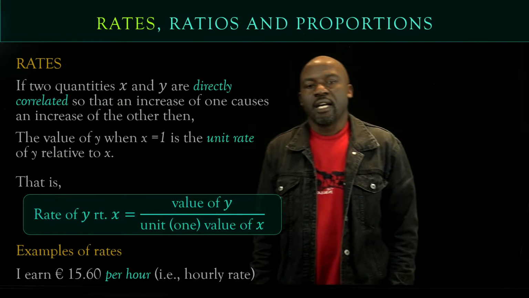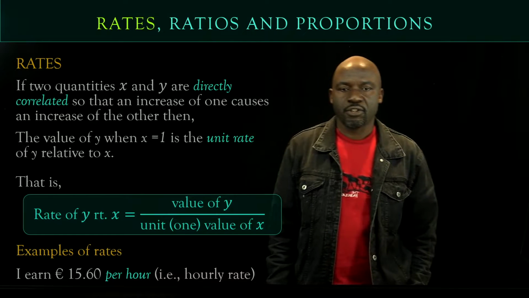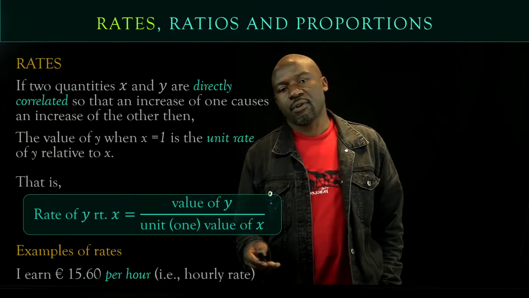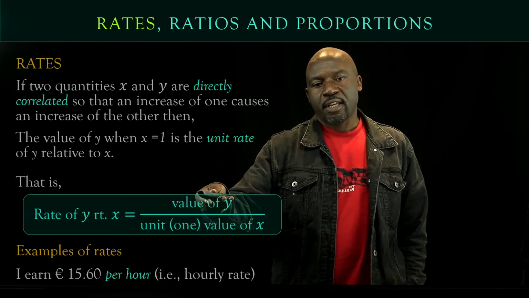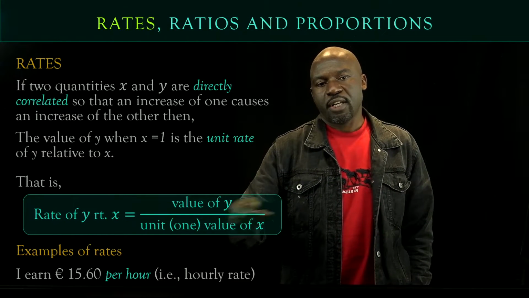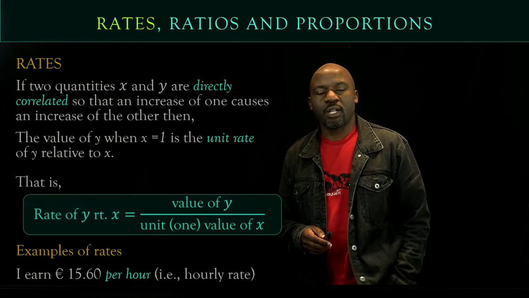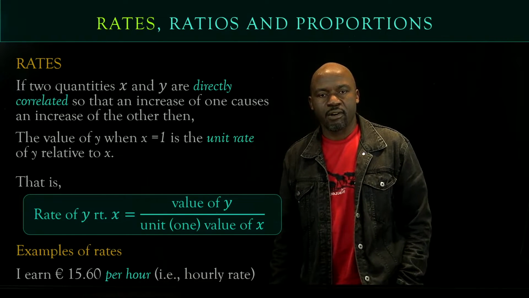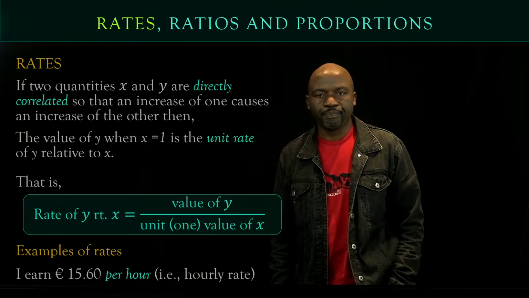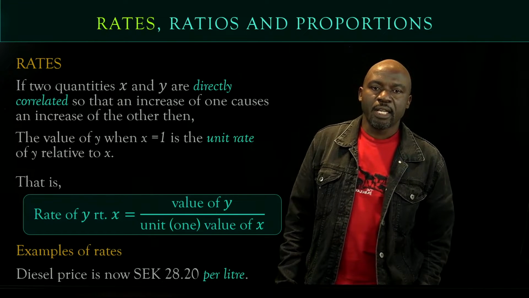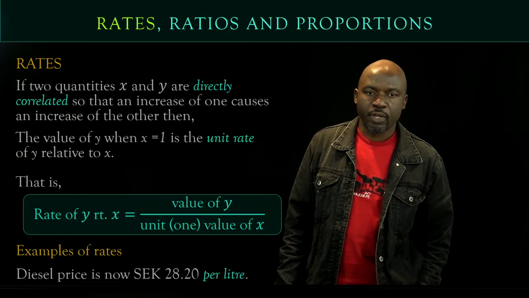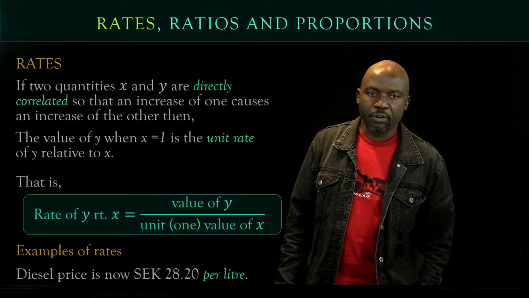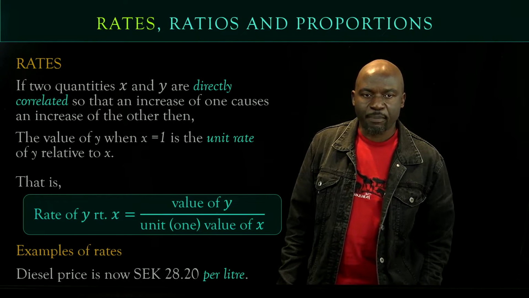Somebody earning 15.6 euros every hour. So this is sometimes called the hourly rate. When the numerator is 15.6 euros, the denominator is 1 hour. So we call that the hourly rate of wage. Another example, currently diesel prices in Sweden are about 28.2 Swedish krona per liter.